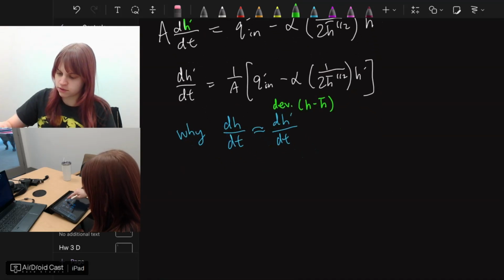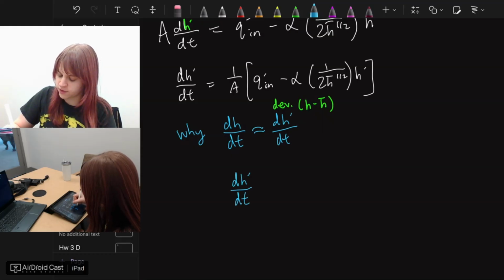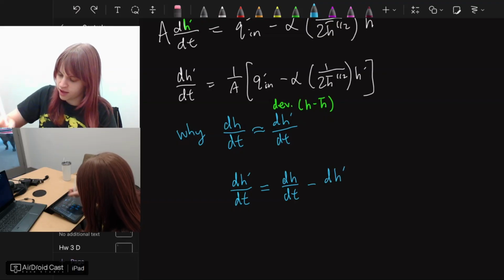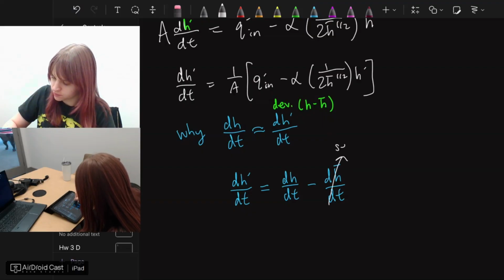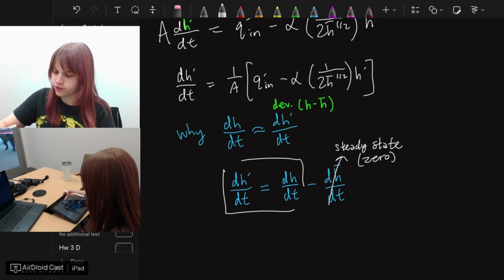That is because dh prime dt is equal to dh dt minus dh bar dt, and as we discussed, this is steady state, so it's 0. And that's why these two are equal to each other.